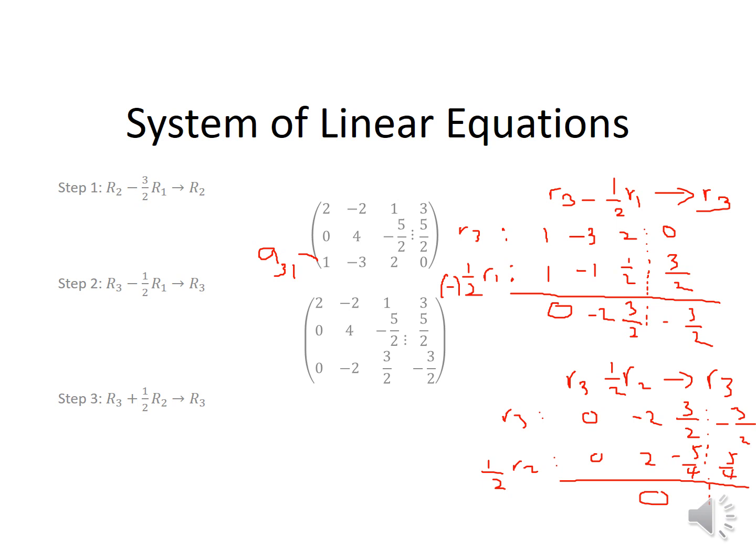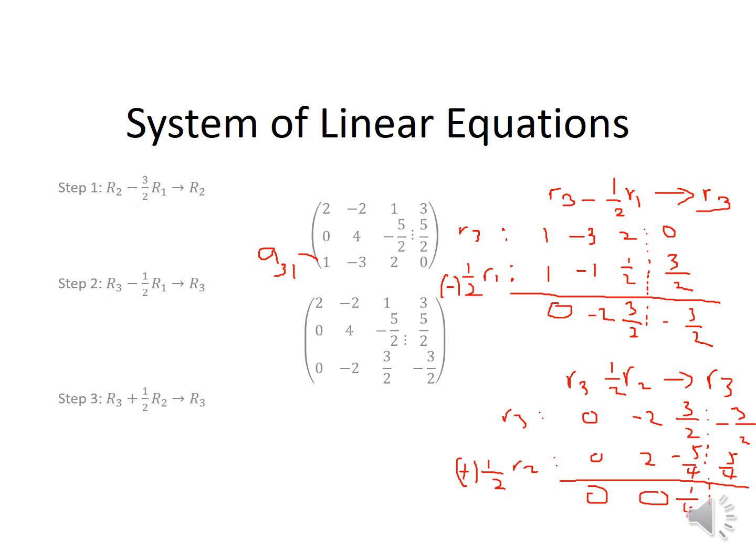And how to get a 0? Negative 2, here should be plus, because negative 2 plus 2 is 0. So 0 plus 0, 0. 3 over 2 plus negative 5 over 4 is 1 over 4.